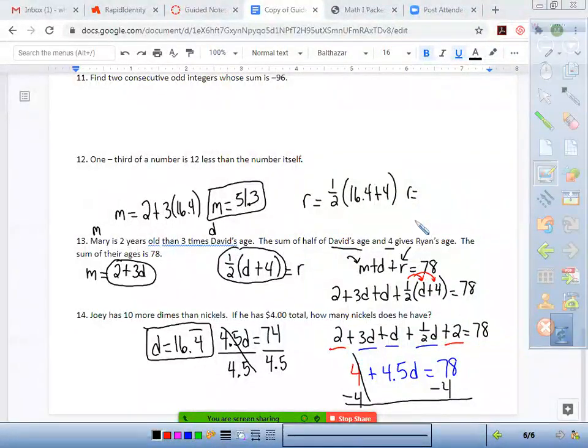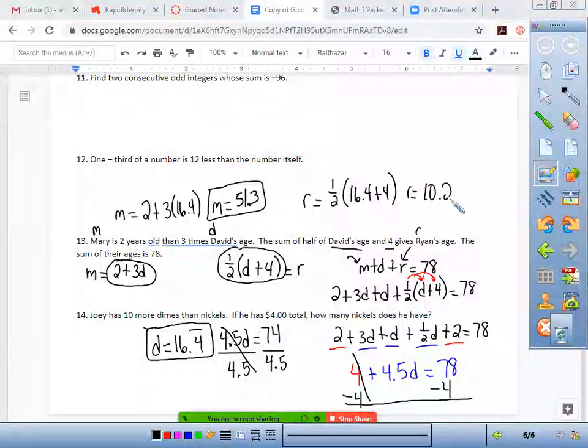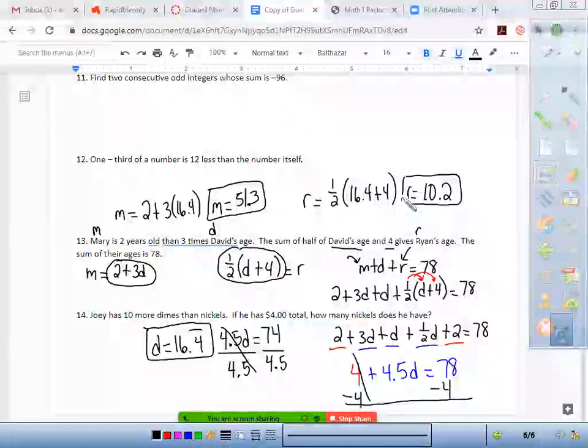What you got, Garrett? 20.4? You got to take half of that, right? 10.2. So that's probably the hardest that they're going to get with doing that substitution.